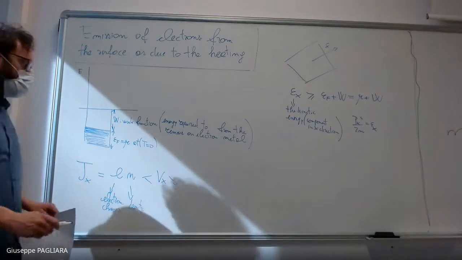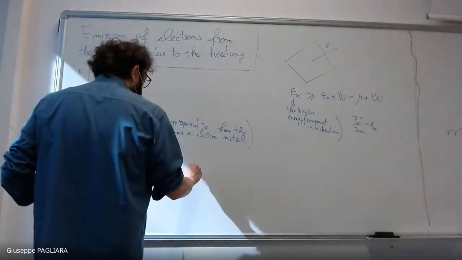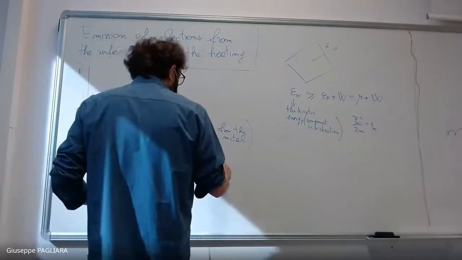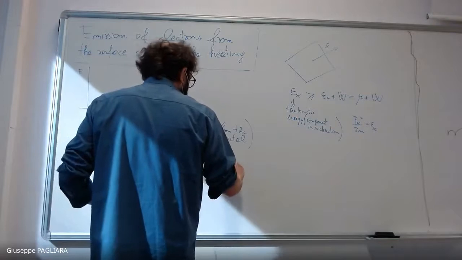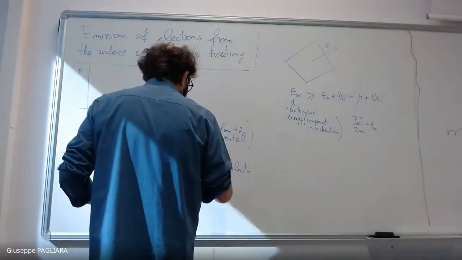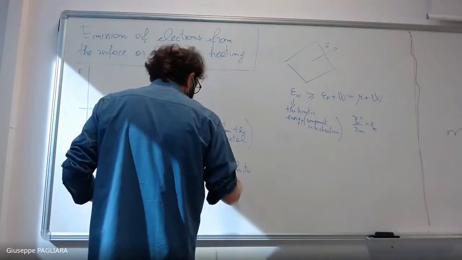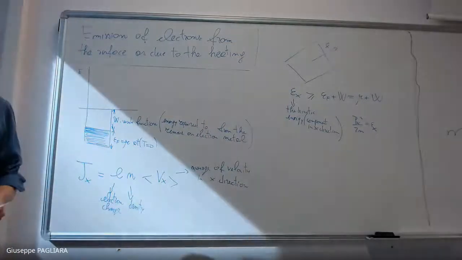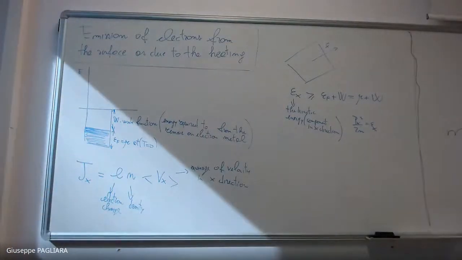So the average of velocity in the x direction. What we are going to compute is basically just this average.